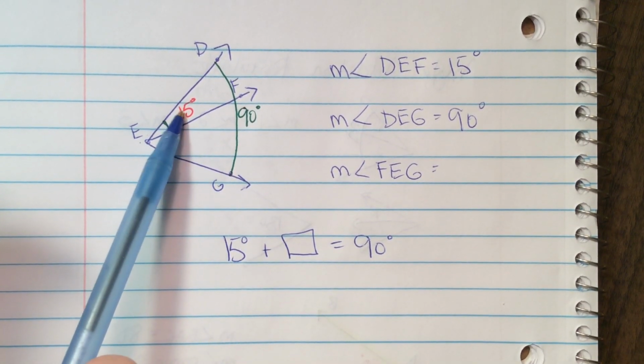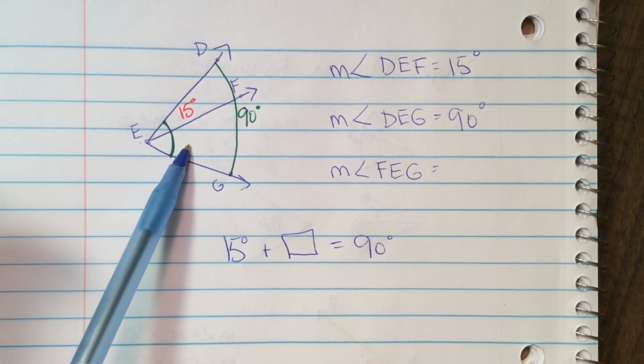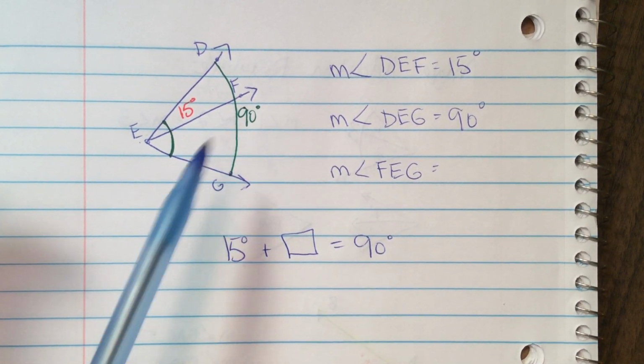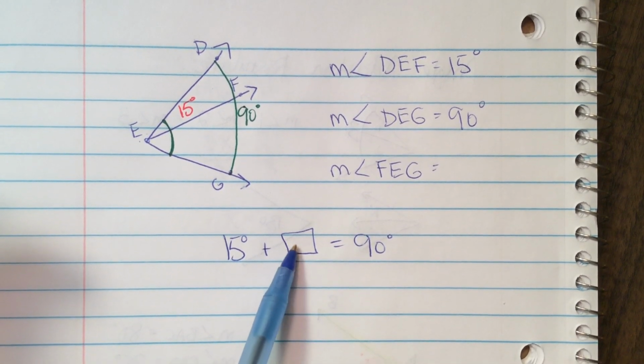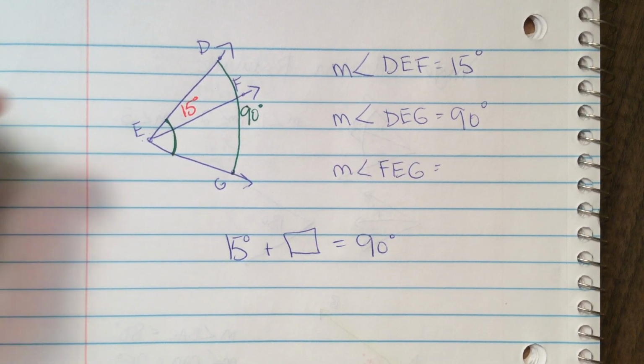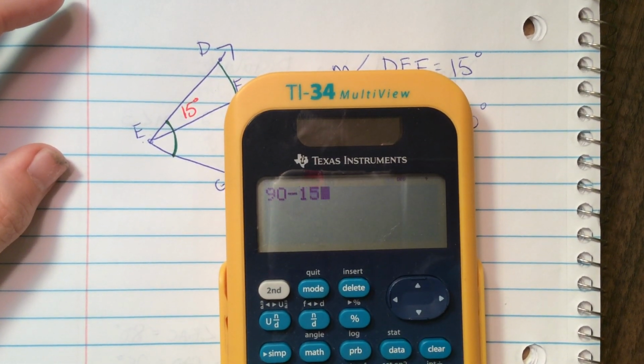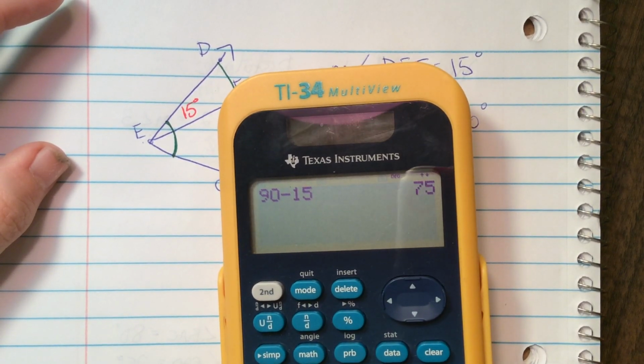So think about it. One of the smaller angles plus the other smaller angle adds up to be 90. But we don't know what the other smaller angle is. So we're going to have to subtract. So we're going to take 90 minus 15 and get 75.